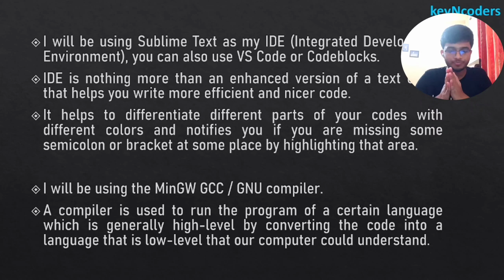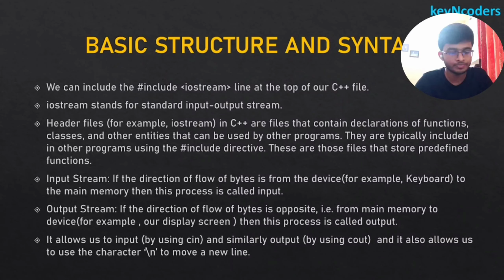Your program of any language is converted into a low level language for the machine, so that it can understand it. It would be difficult for us humans to understand or decode that language, but it is easy for the computer to understand. So coming on to the next slide.